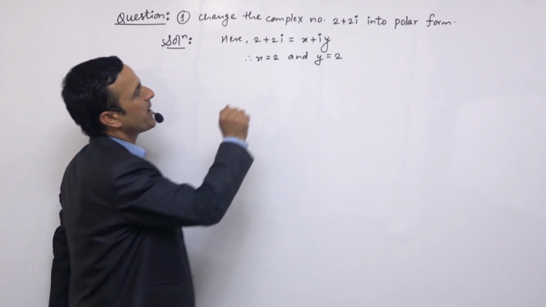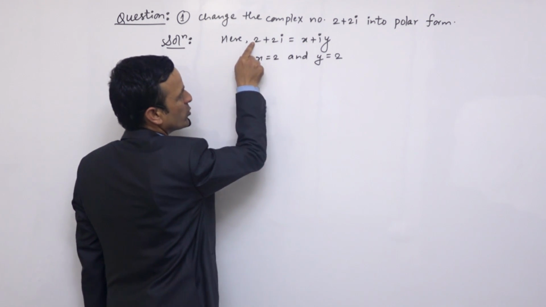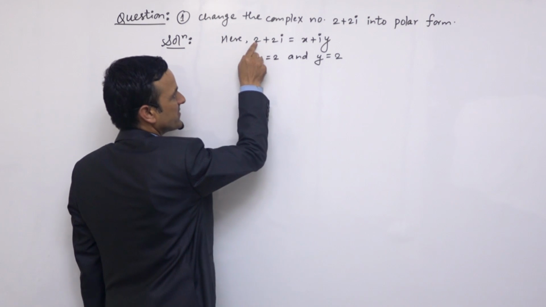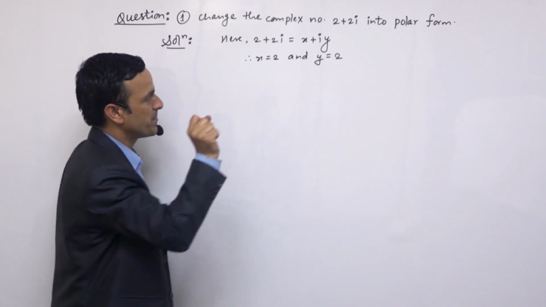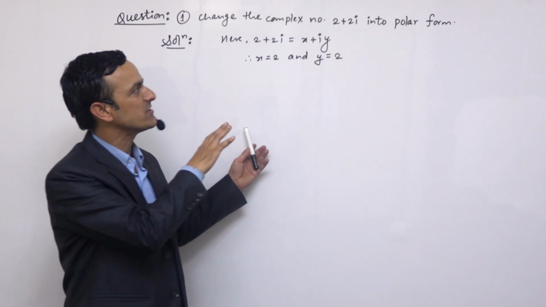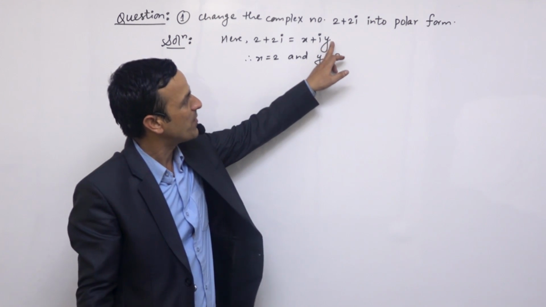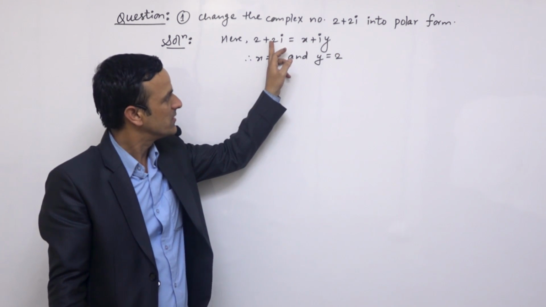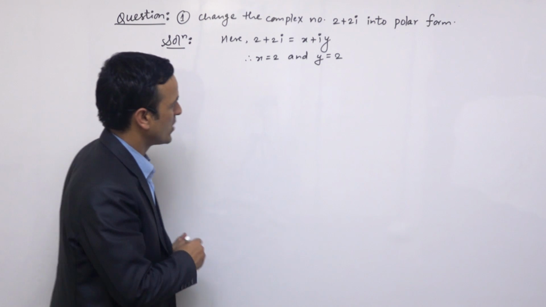If we compare this, x is equal to 2. The real part we can compare, and the imaginary part we can equate or compare. So the value of y is 2. Both values of x and y come out as 2.